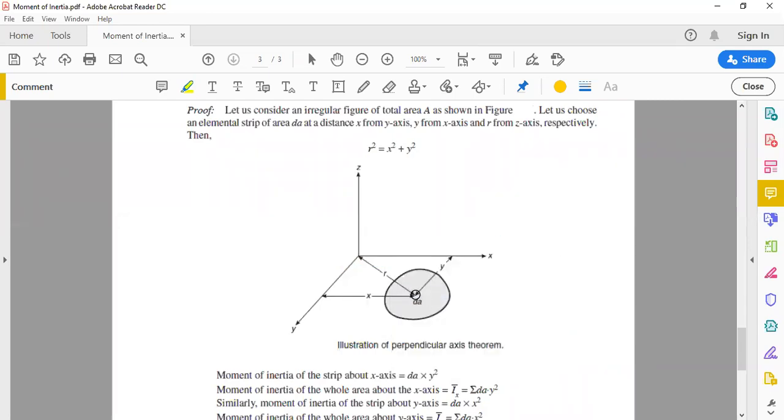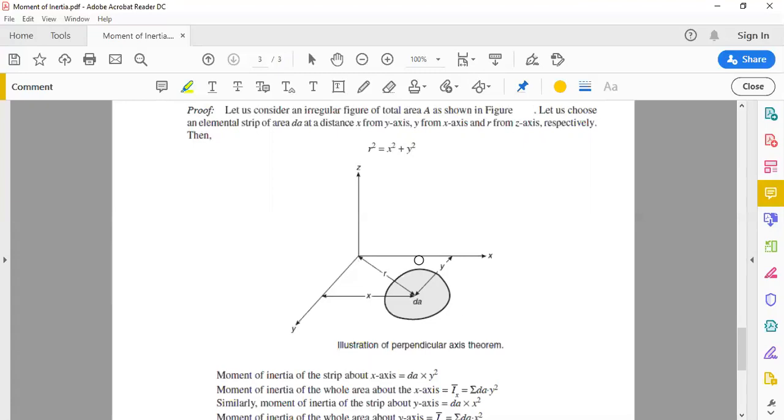We have a simple geometric figure of area dA, and the CG of this area is at a perpendicular distance y from x-axis, at a distance x from y-axis, and at a distance r from z-axis.